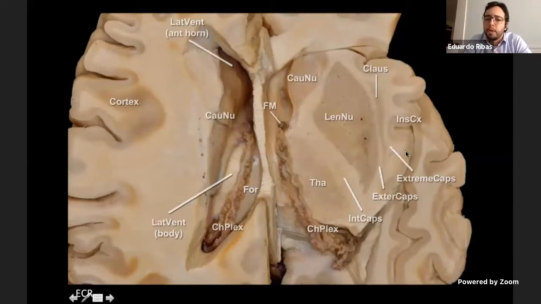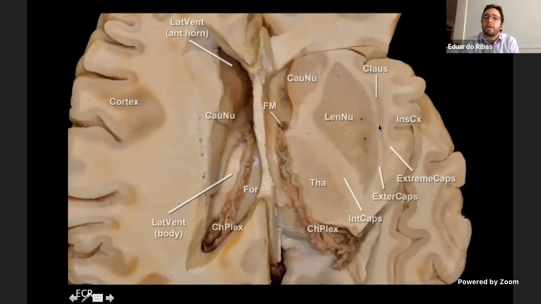The first layer is the insular cortex, it's gray matter. Then just deep to this layer, just medial to it, we have the extreme capsule. The extreme capsule is made by short association fibers that connect the insular sulci and also continue towards the opercula. Then a little bit more medial, we have the claustrum.